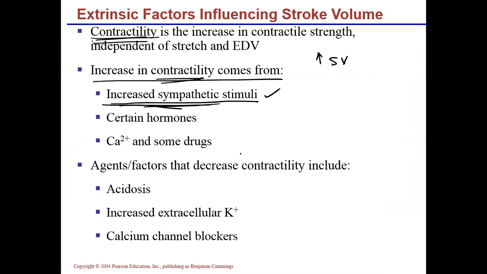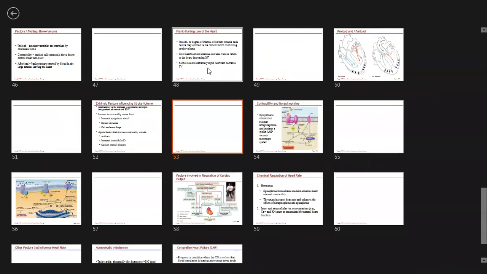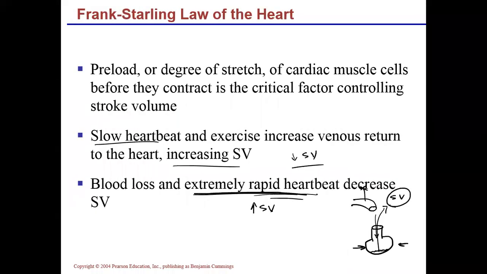So earlier, when you are comparing it to the very rapid heart rates, as we discussed, an extremely rapid heart rate decreases the stroke volume. This does not apply for sympathetic activity, right?